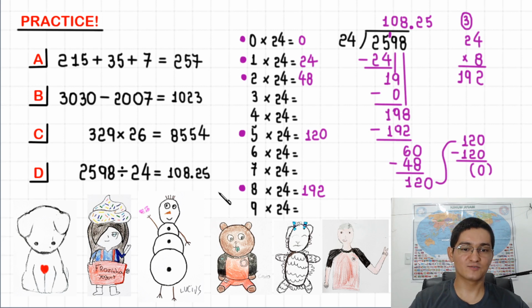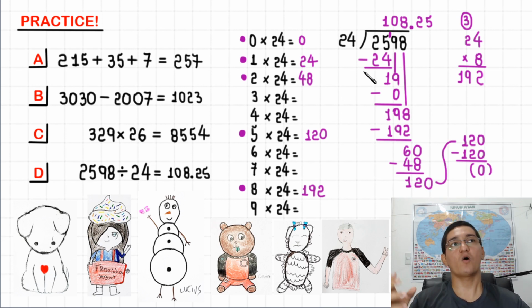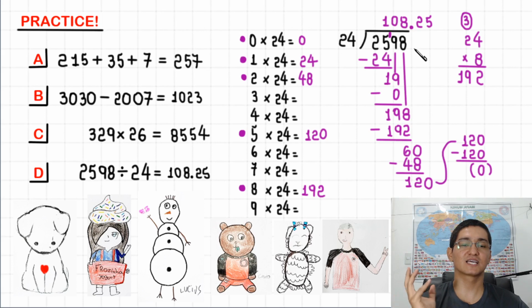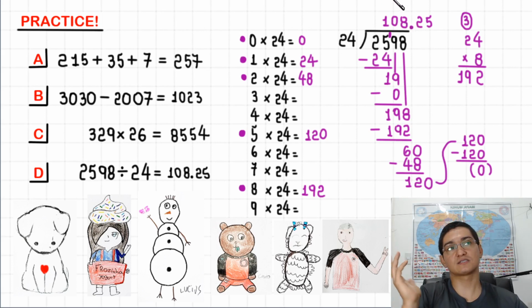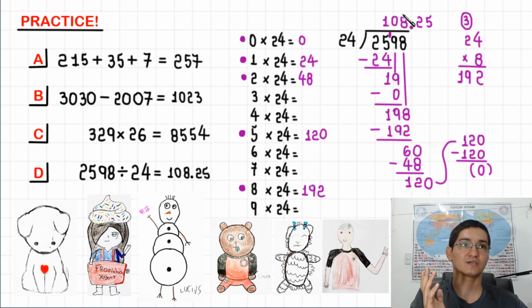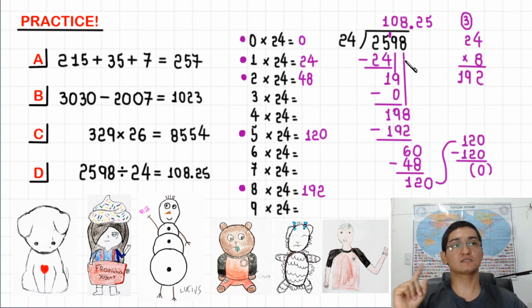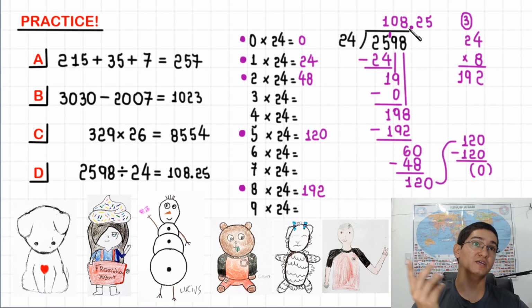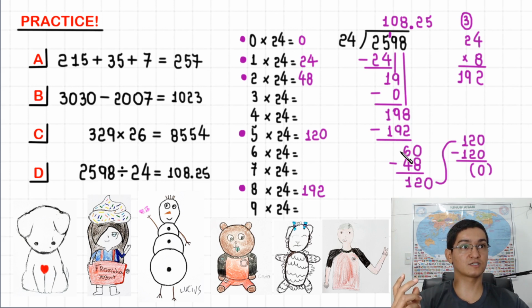Mister, do we have to do the last part only if you want to find the exact result? You can always find just the whole quotient and the remainder. In this situation, if I remember, the whole quotient was 108 and the remainder was just 6. If you want to continue, it's pretty easy.